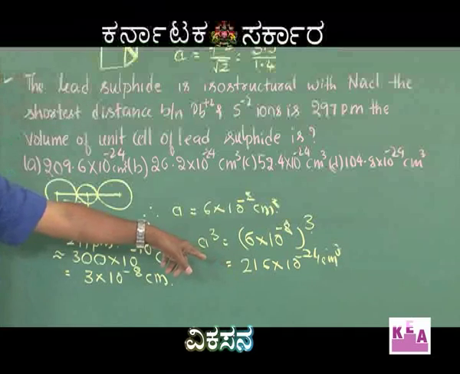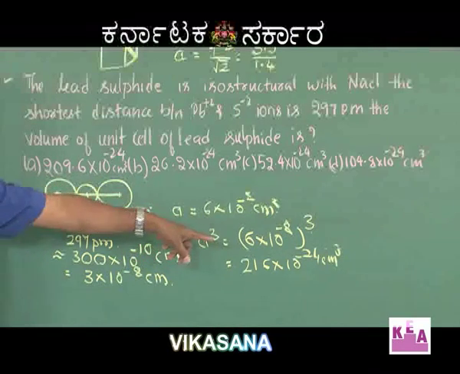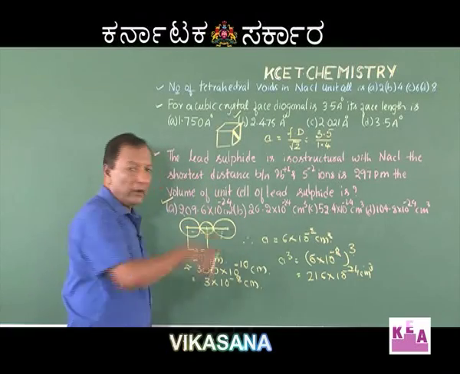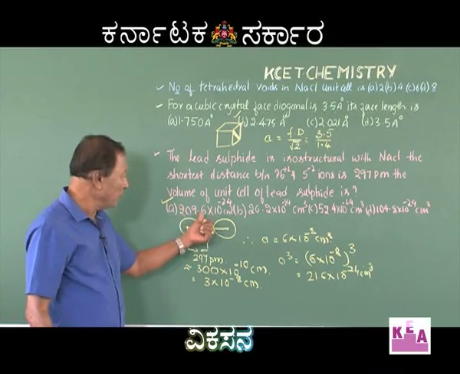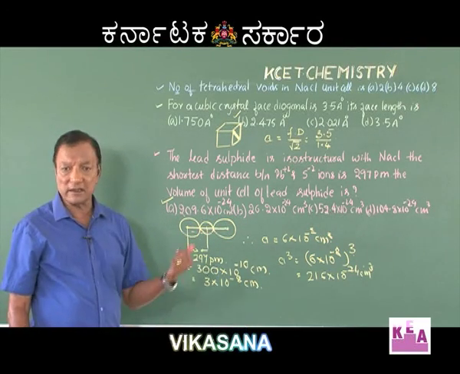The closest to 216 is number 1, 209.6 into 10 raised to minus 24 centimeter cube. Therefore, I go for option A, 209.6 into 10 raised to minus 24 centimeter cube.